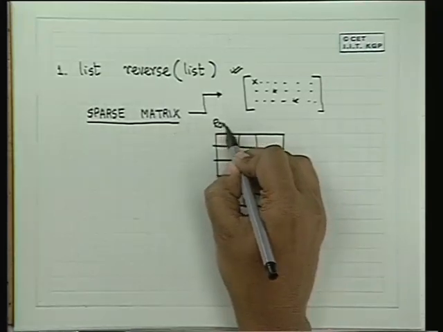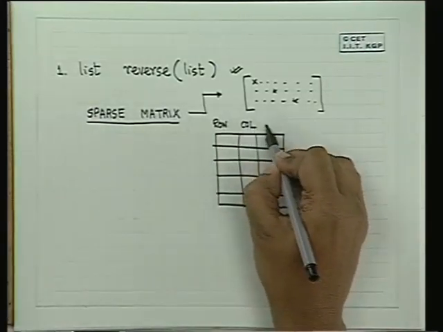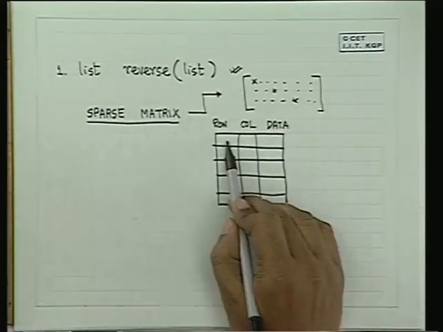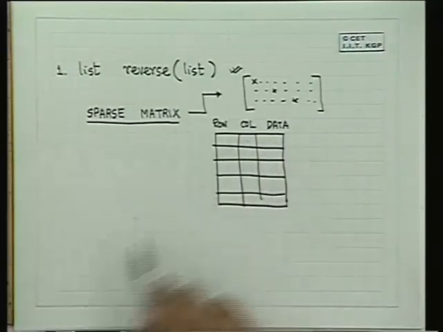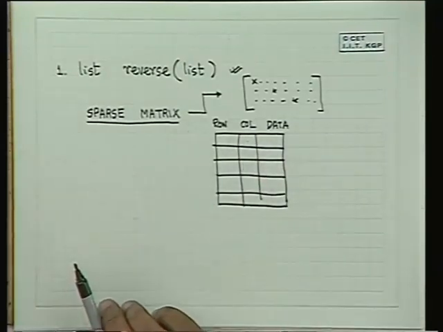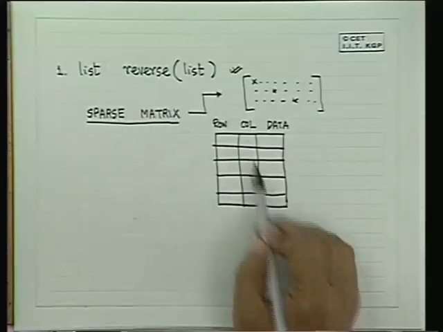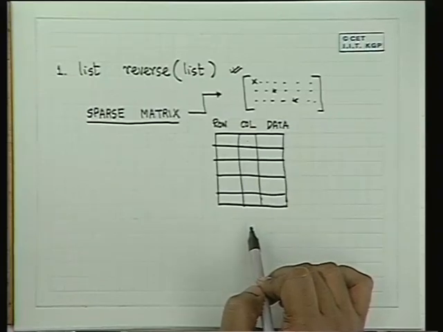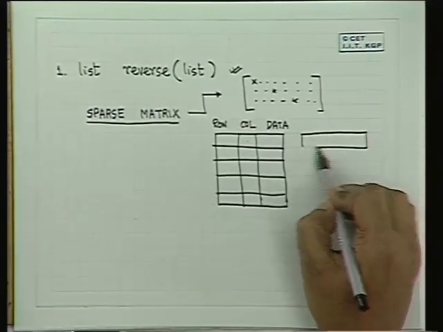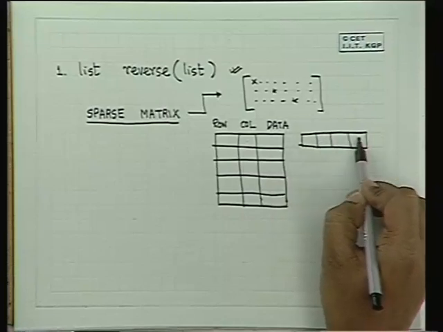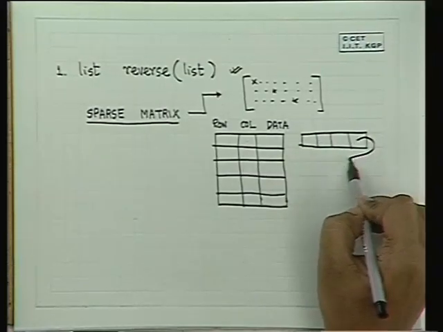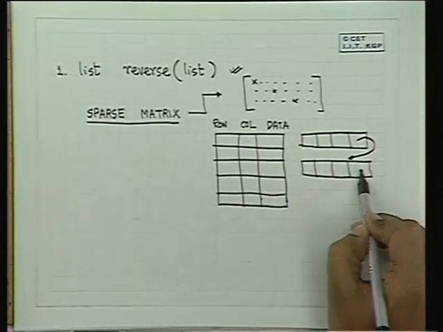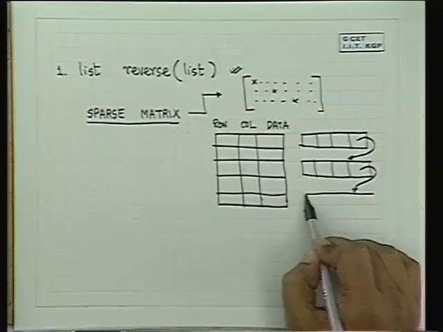Row number, column number and data. You store the row number, the column number and the data. And if you know how many you are going to store, then obviously you can malloc an array and store it. And if you don't, then obviously other than row, column, data, you will have a link field which will point to the next element. You can always create a linked list like this.